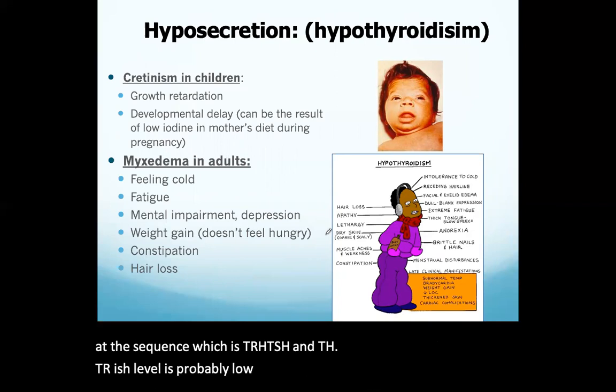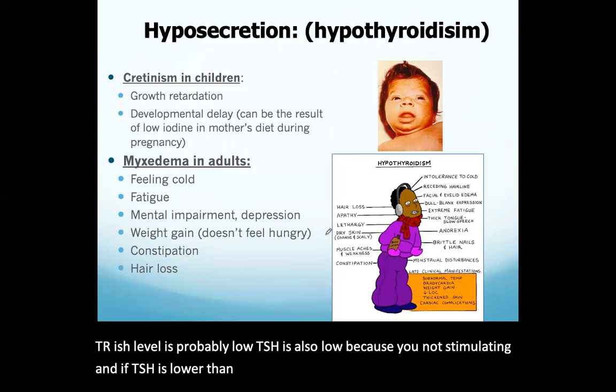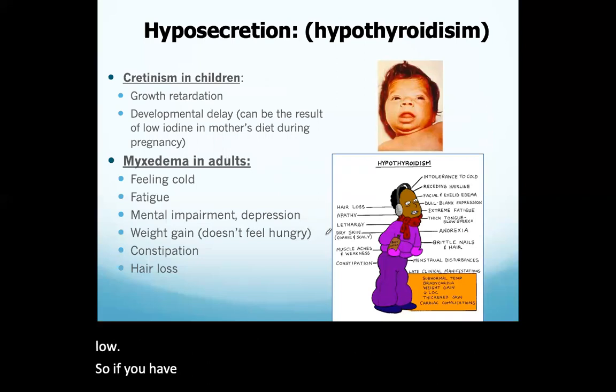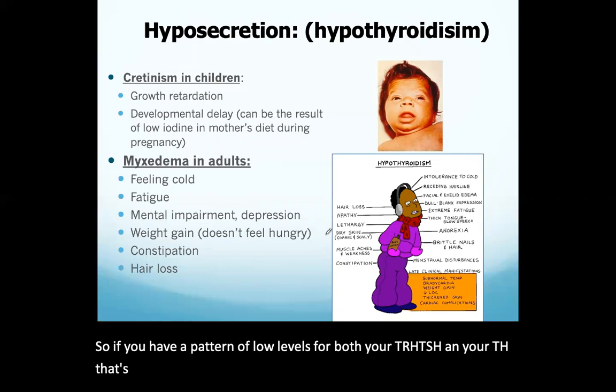TSH is also low because you're not stimulating. And if TSH is low, then your TH, or thyroid hormone, will also be low. So if you have a pattern of low levels for your TRH, TSH, and TH, that's identified as hyposecretion or hypothyroidism.